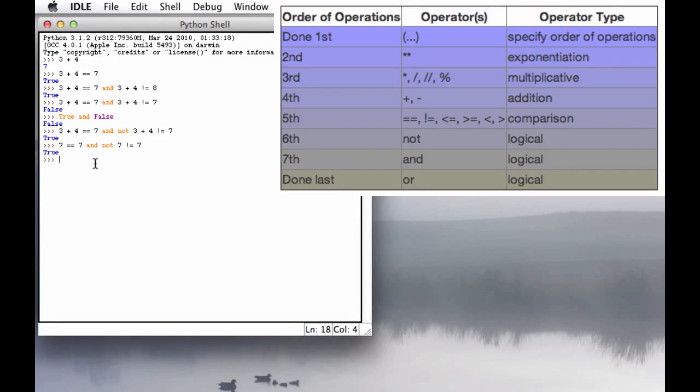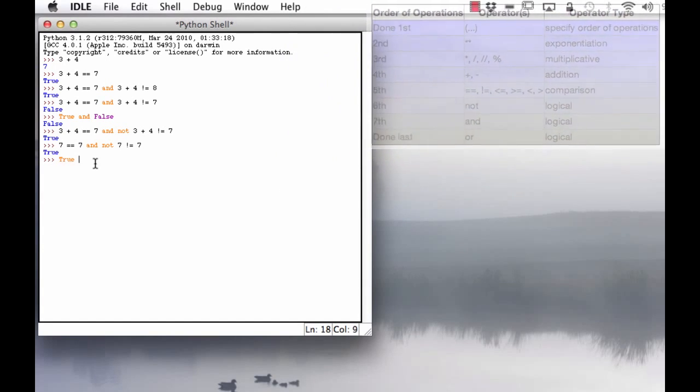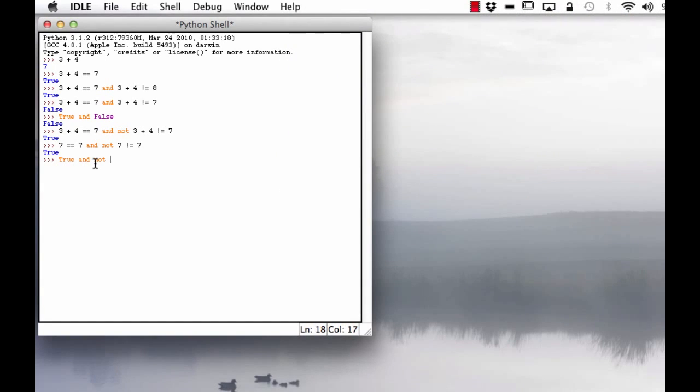Then the comparison operators happen next, so we get true and not. In this case, 7 equal to 7 is going to be false, right? So that simplifies down to that. And then not false is the operation that gets done first here. So we get true and true, which simplifies down to just true.